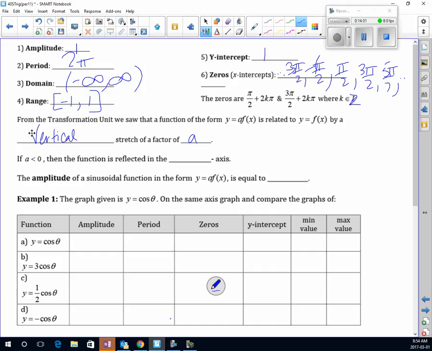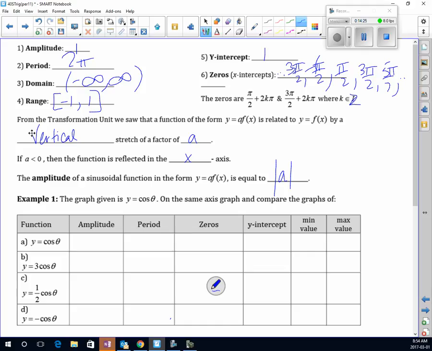If a was less than 0, then it's reflected in which axis? The x-axis. Very good. Guess what's associated with the vertical stretch, or a? The amplitude is equal to the absolute value of a.